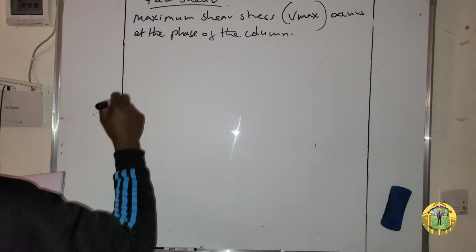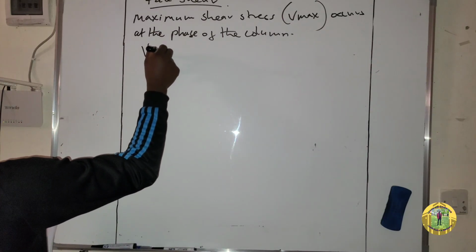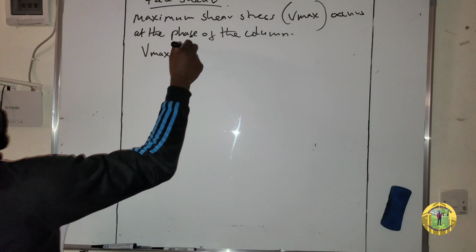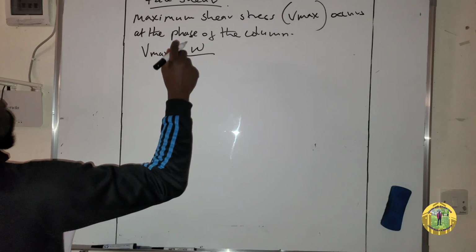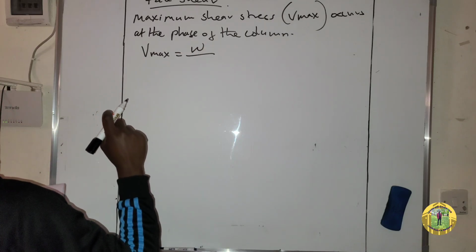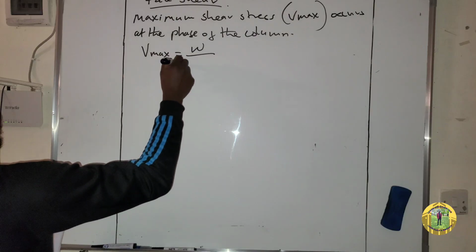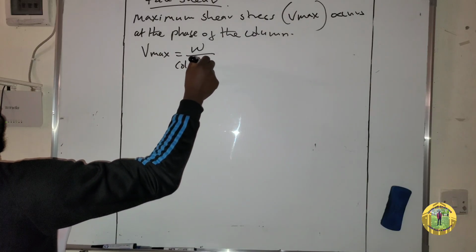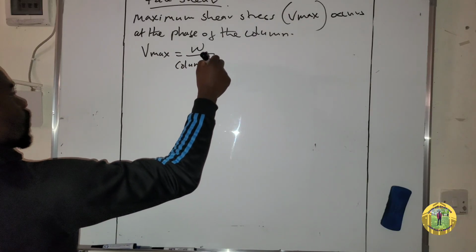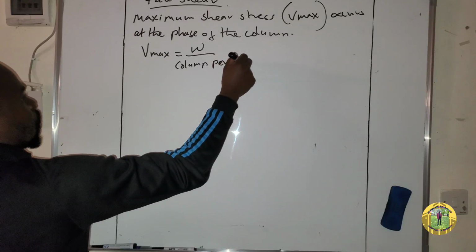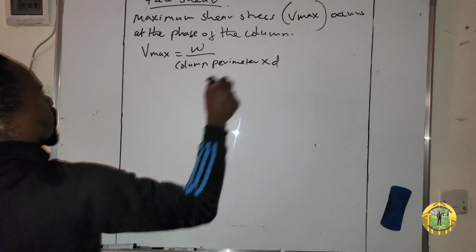So this implies V max is equal to W, which is the ultimate design load, over column perimeter times d.